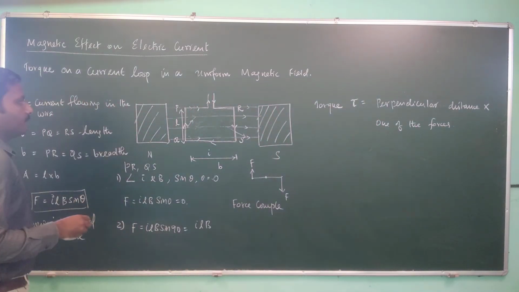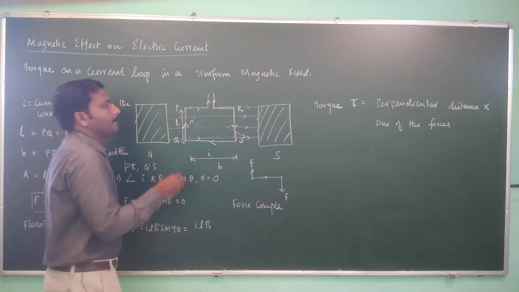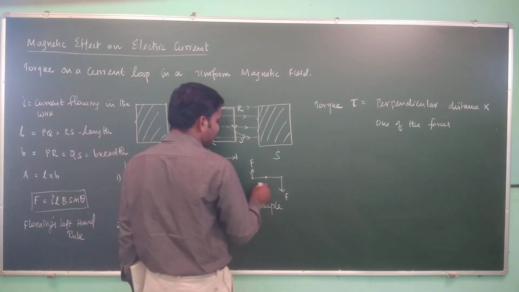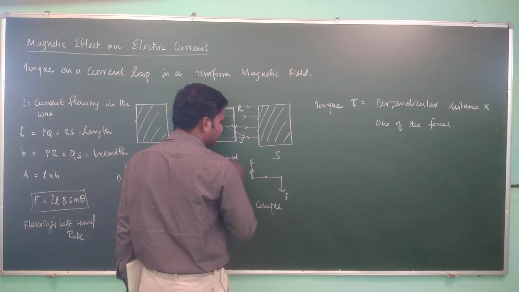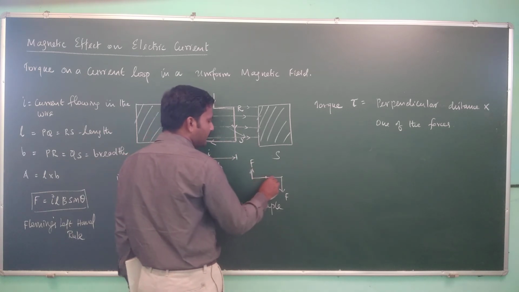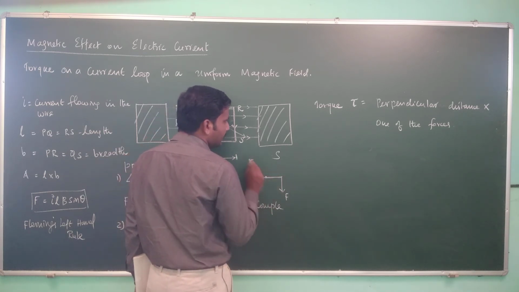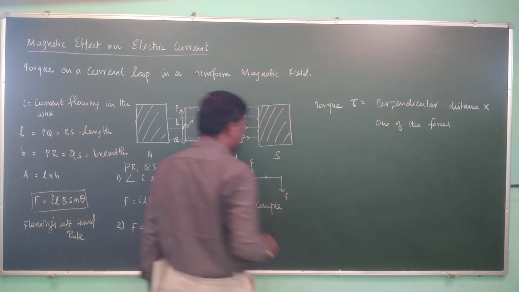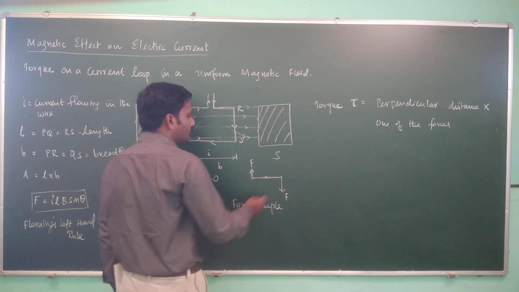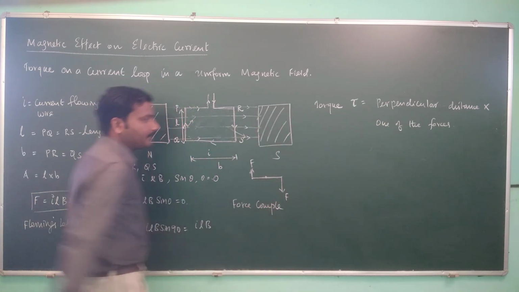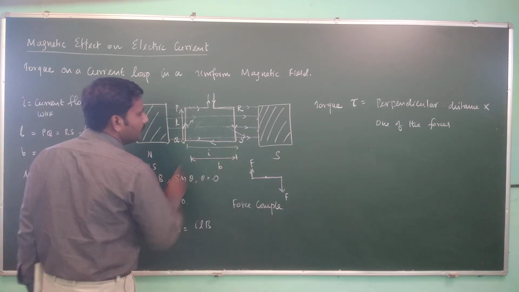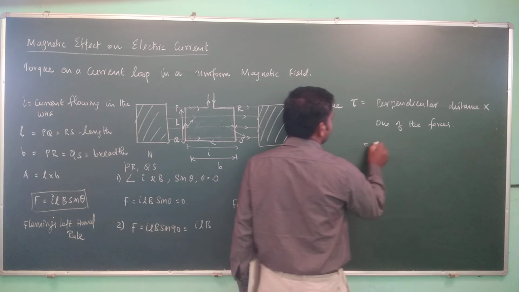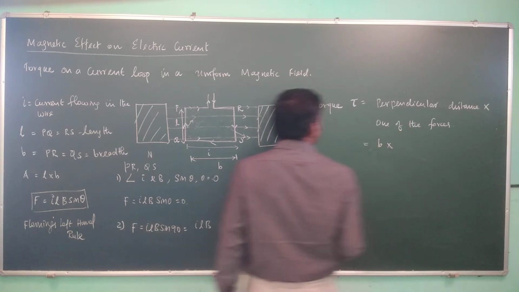What happens is, see here, the force couple is acting here, right? And the distance between this force couple is nothing but the perpendicular distance. So the distance between these two force points is nothing but B. So the perpendicular distance is B multiplied by one of the forces.